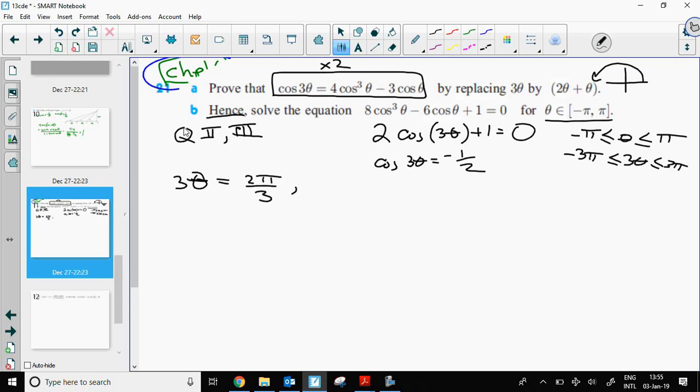Then we go into quadrant 3, and we're going to have 4 pi over 3. And then we're going to keep going. Cosine's positive here. We're going to keep going around again because we've got up until 3 pi here. So back in quadrant 2 for the second go round, we're going to have 8 pi over 3.